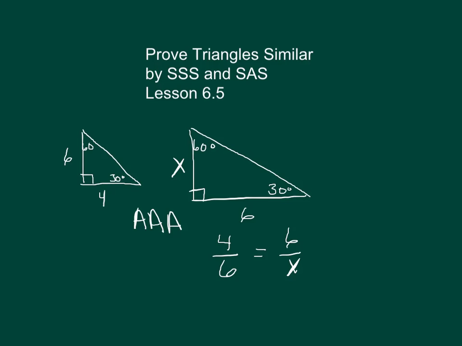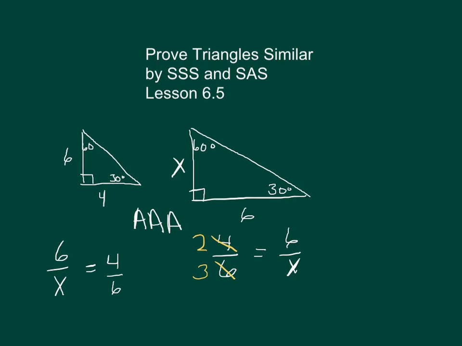I could have said 6 is to x as 4 is to 6, or flip it over and say 6 over 4 is x over 6, but we're going to get the same thing that we did before. So another trick is, you don't have to do it, but it's easier if this ratio can be reduced to go ahead and do it.